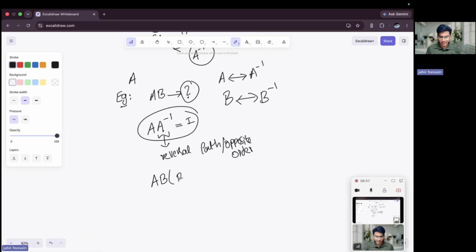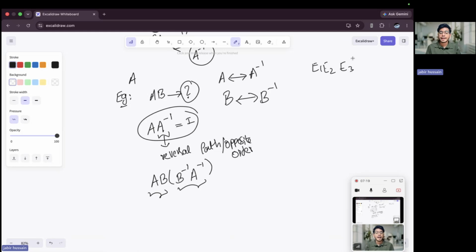Can I write that B inverse and A inverse will be the inverse of this matrix AB? Because I hope you remember the rule of commutative law, I believe. I think I'm taking the right name. It tells that, let's say I have matrices E1, E2 and E3.